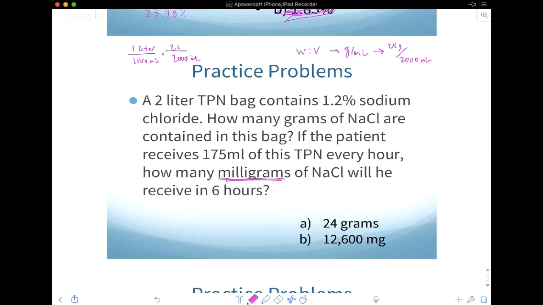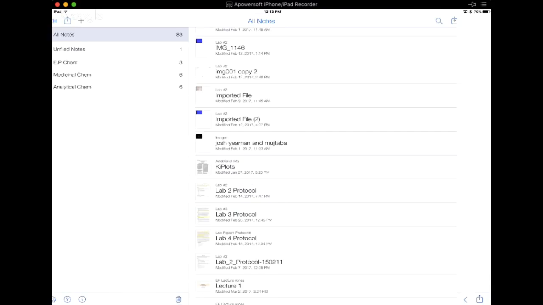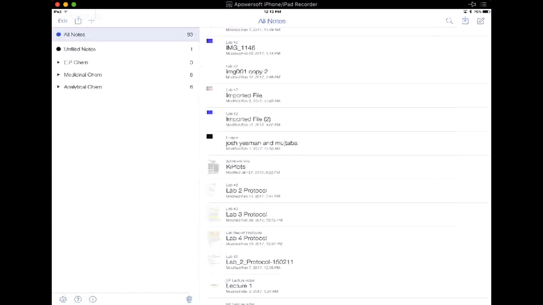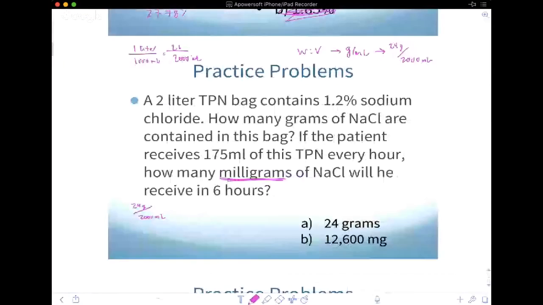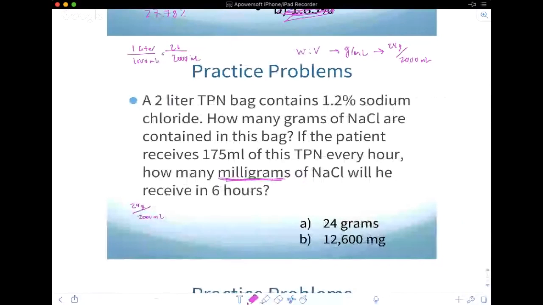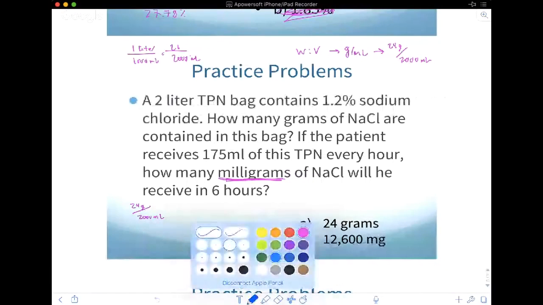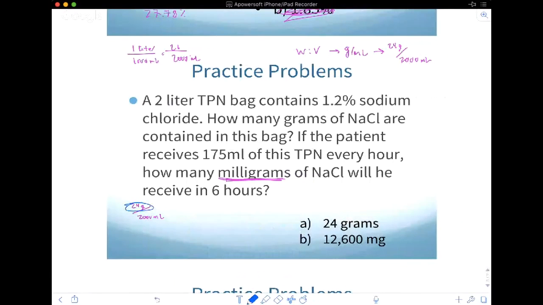So if we have 24 grams for 2,000 milliliters, first we're going to want to convert this to milligrams.